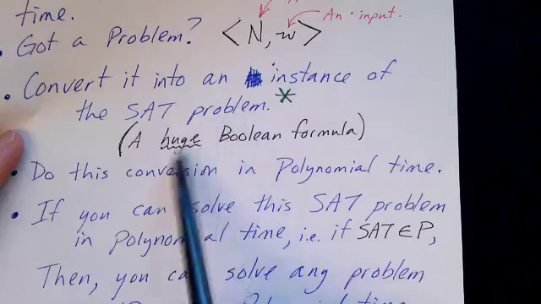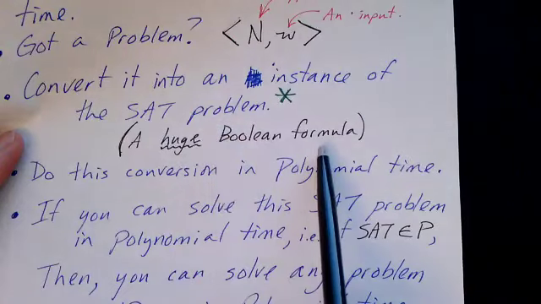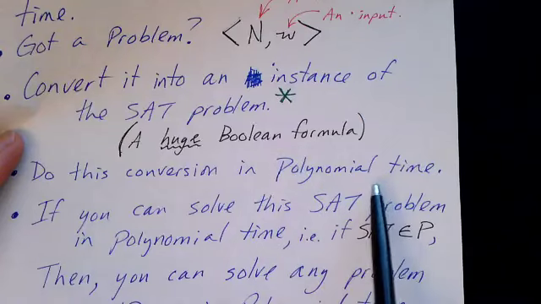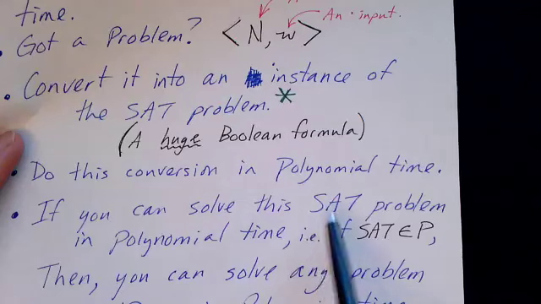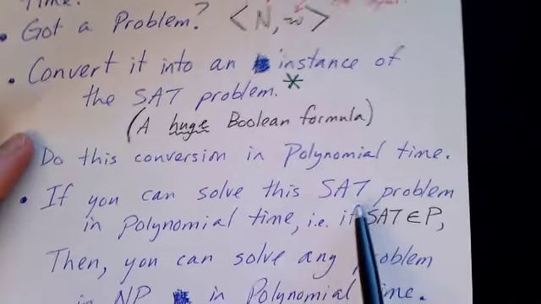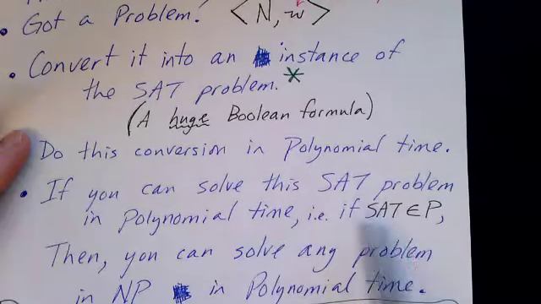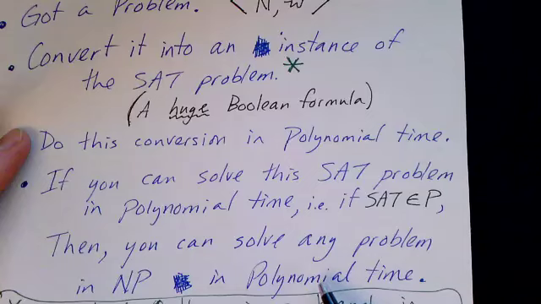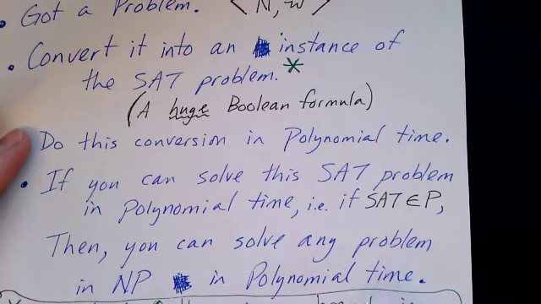In other words, we're going to create a huge Boolean formula, really big, but we're going to do that conversion in polynomial time. And if you could solve that Boolean formula, if you could find an assignment of truth values to it in polynomial time, then you would know whether that non-deterministic Turing machine would accept that input or not. And you would know that within polynomial time. So that's the general strategy of the proof.